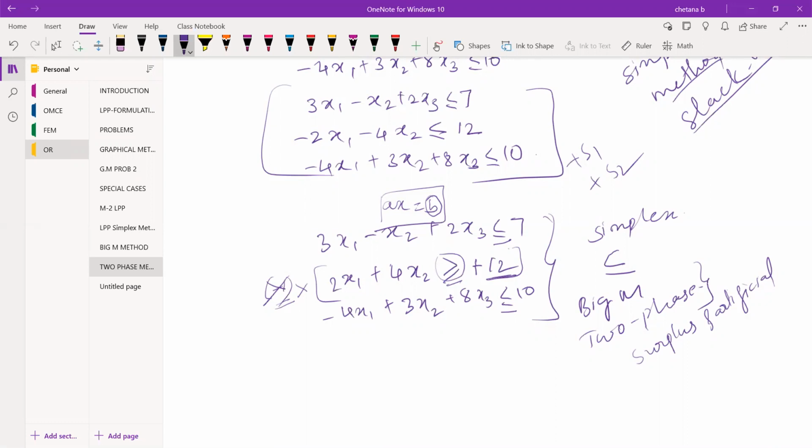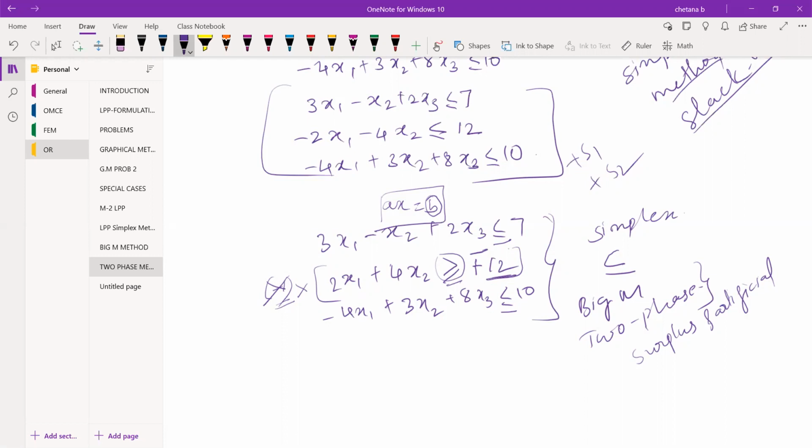You can go for any method which is easy and less time consuming, big M or two-phase, anything. Because if you want to convert this greater than or equal to into less than or equal to, this becomes -12 again, right? So that is again a wrong thing. So you can just state that this cannot be solved using the simplex method.